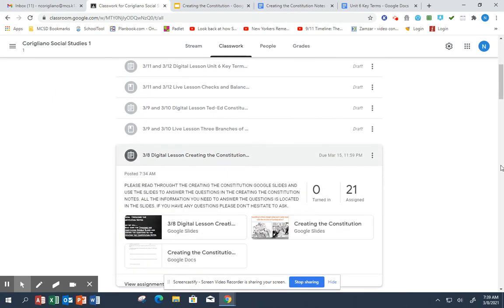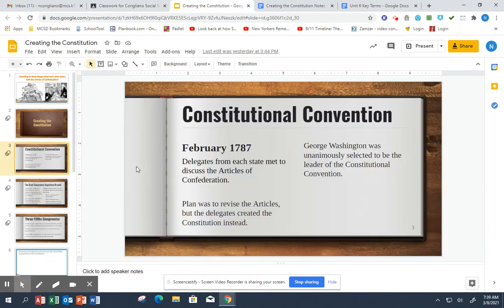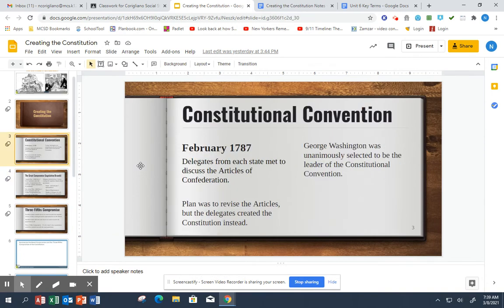So the plan for today, I have a set of notes that I'd like you to look over in the PowerPoint we've been working on so far, and answer the questions. For slides that look like this, you start on the left and go down, and then you go to this column, and this would be the third bullet point.